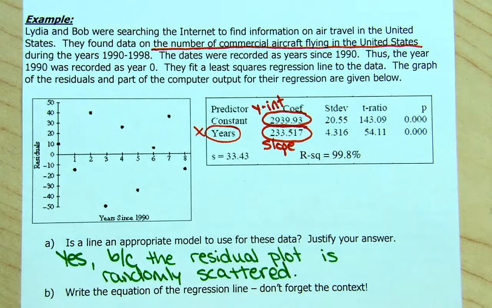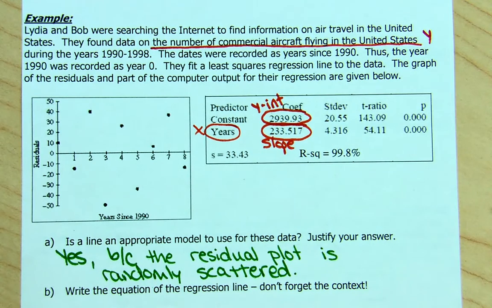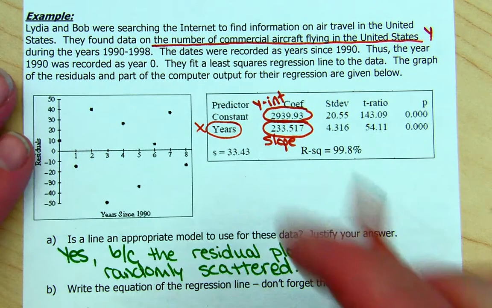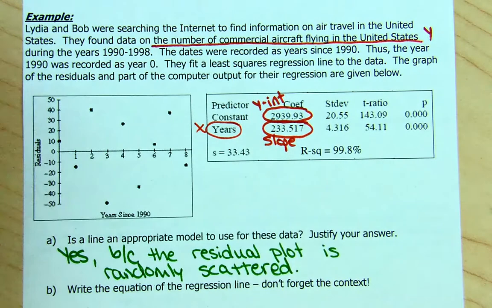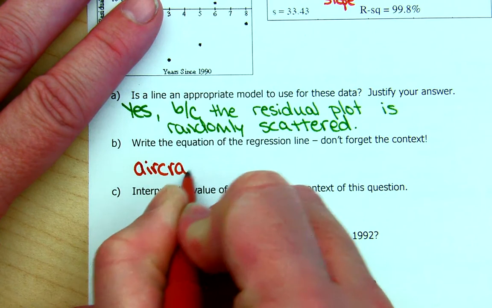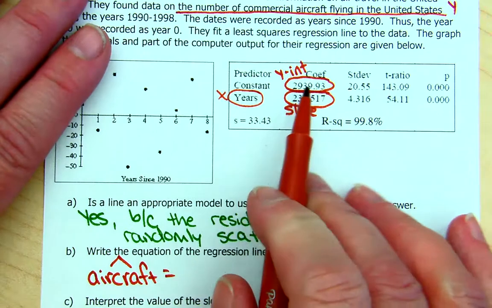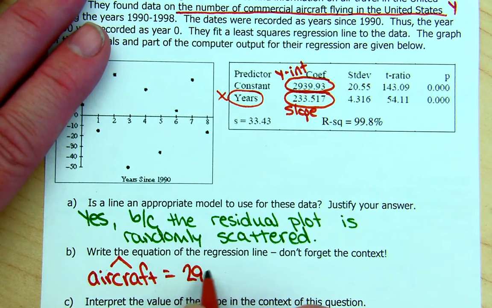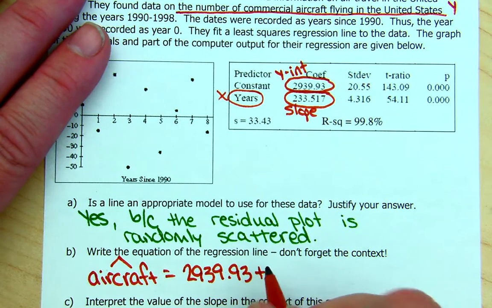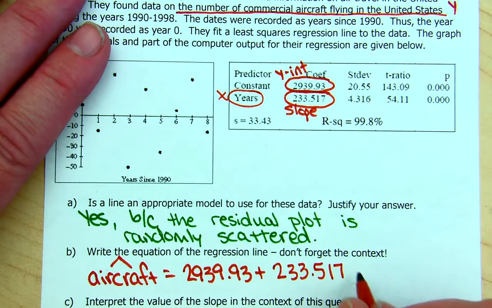They were tracking the number of commercial aircraft flying in the United States. That's our y variable. So, when I'm writing this out, I'm just going to call this aircraft, just to make it shorter than writing all of that. So aircraft is equal to the y-intercept plus the slope times the x variable, which is years.